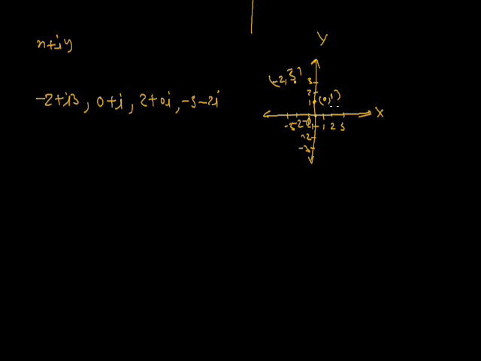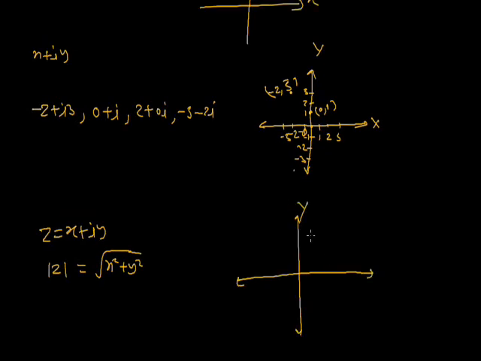Now a plane having a complex number assigned to each of its points is called the Argand plane. So when we plot these complex numbers in this xy plane, we can say it is an Argand plane. So here z is equal to x plus iota y, then the modulus of z will become under root x square plus y square. Suppose it is the y-axis, it is the x-axis, and the point P is x comma y. Now it is the origin. So we can say this distance will become under root x square plus y square.